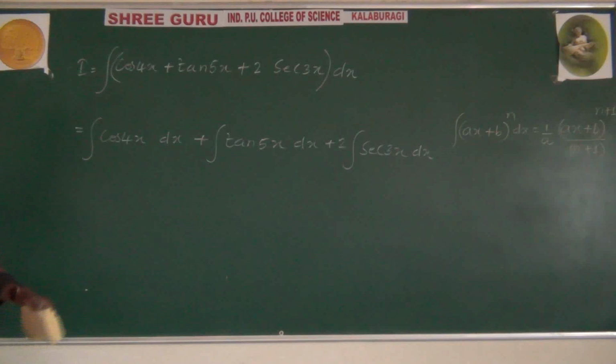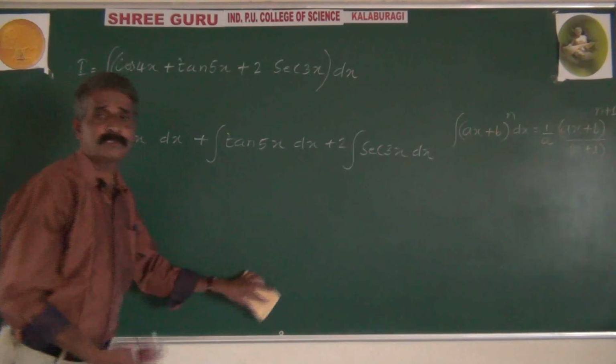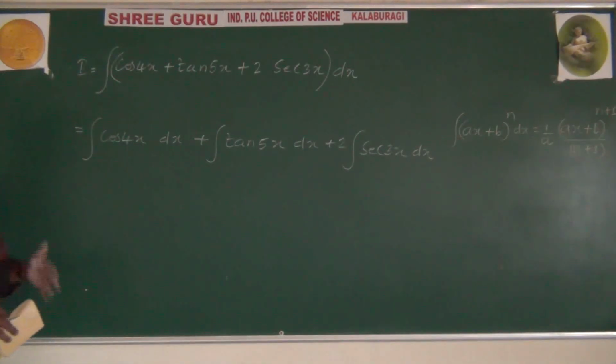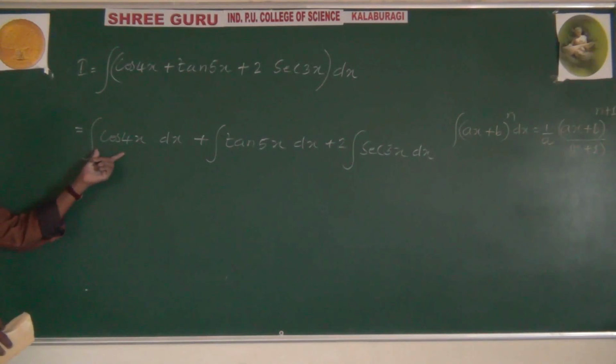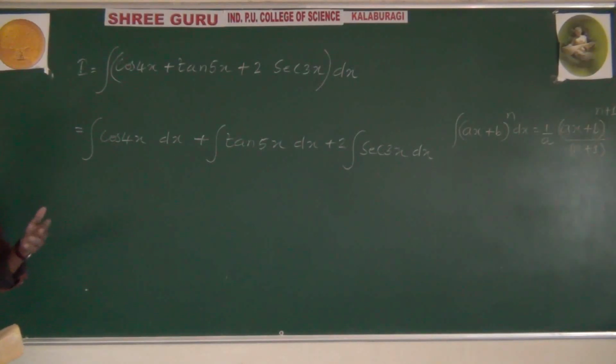Now you need to adopt the correct formula, that's all. See the list from last class what we mentioned and refer. What is integration of cos? Sine, I mean sine function, of whatever angle is present, divided by the coefficient of x. What is the coefficient of x? 4.